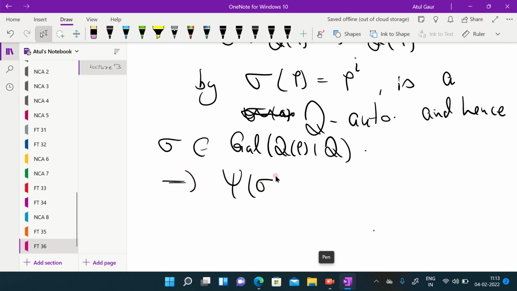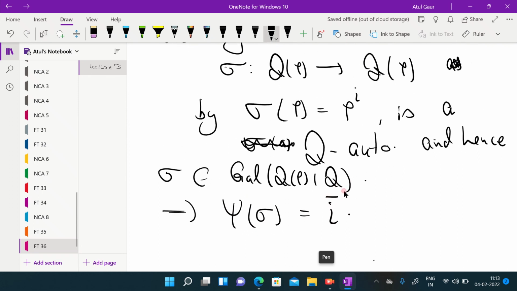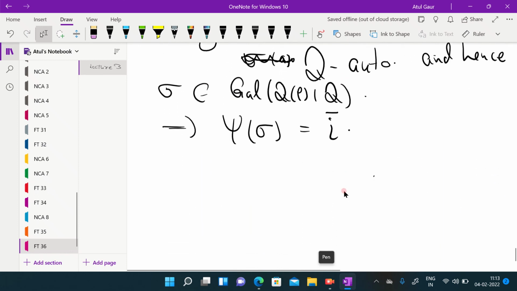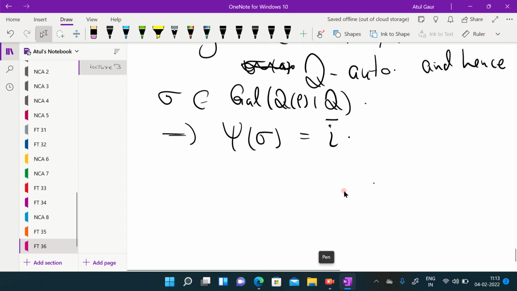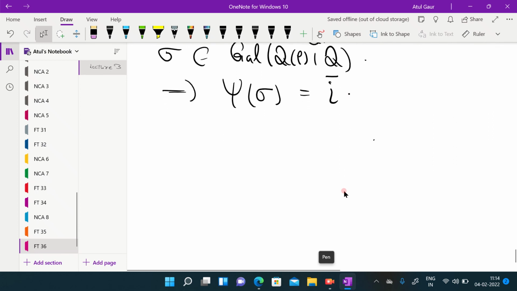Psi of sigma is i, that means i bar. So psi is onto. Now you have an onto group homomorphism from one group to another, and both groups have the same order, since the Galois group has order phi of n and U_n has order phi of n.